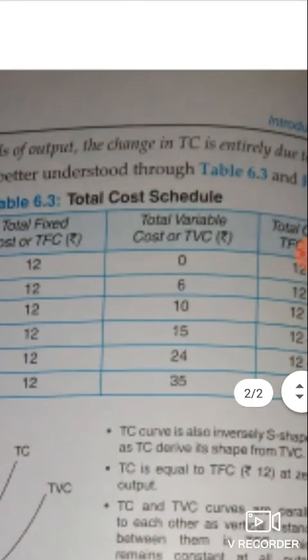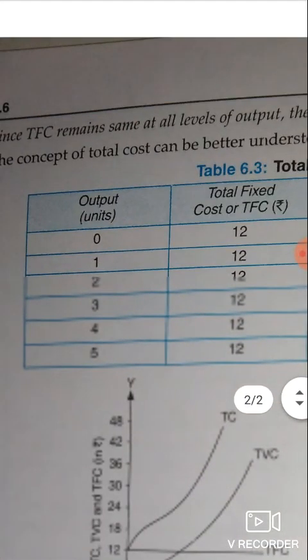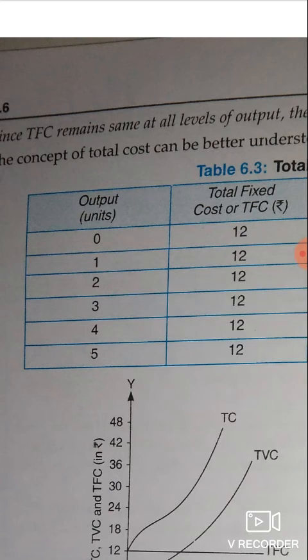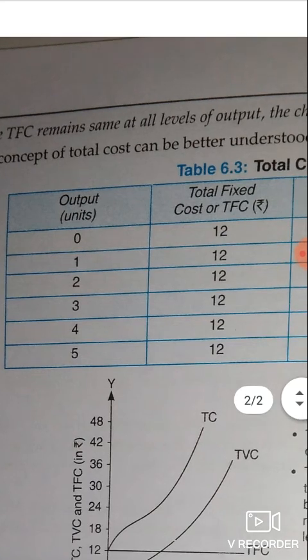Now let me explain how total cost is derived with the help of a table. Suppose the firm wants to produce 0, 1, 2, 3, 4, 5 units, and as the table shows, total fixed cost is 12, 12, 12.